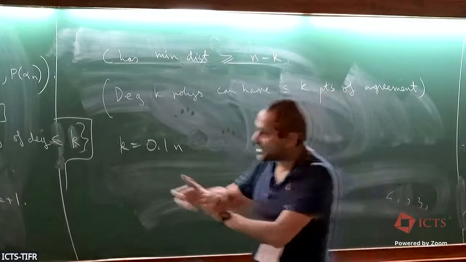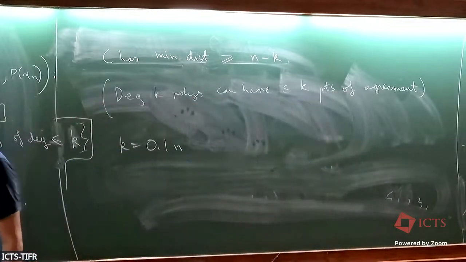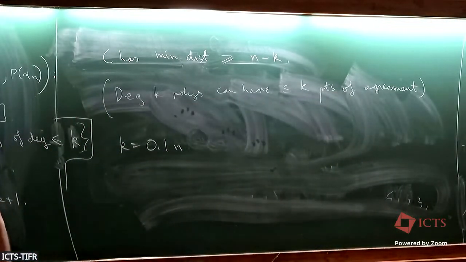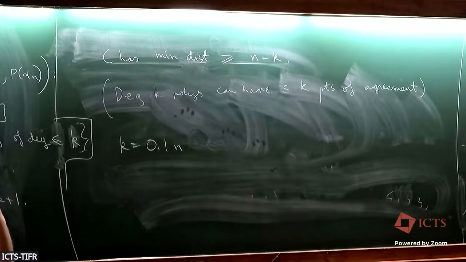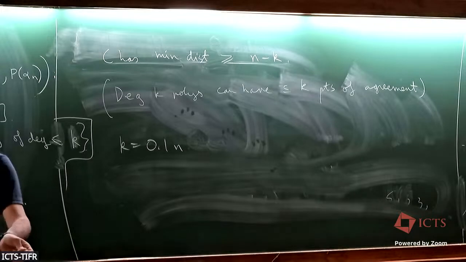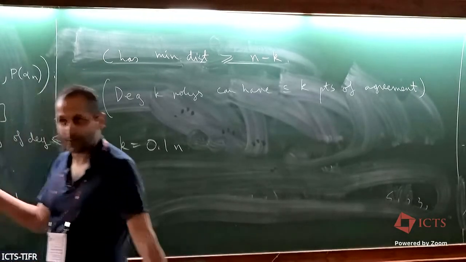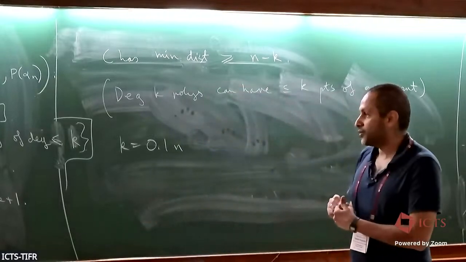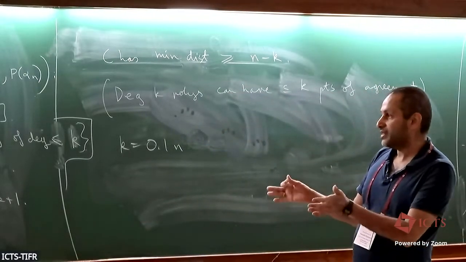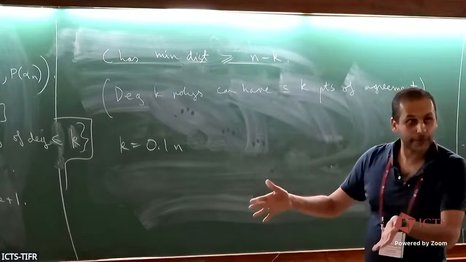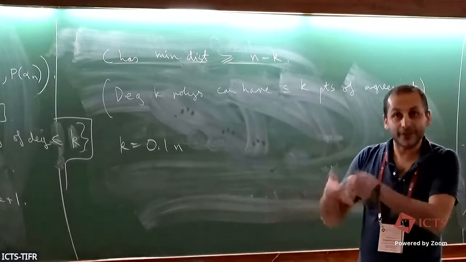But this is going to give me a code of length at most q. Q is determined by sigma. The longest code you can get out of this is only sigma, because the number of evaluation points you can get is at most sigma. So this is a code over F_q of length at most q.